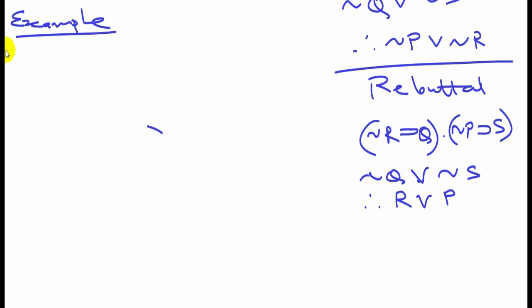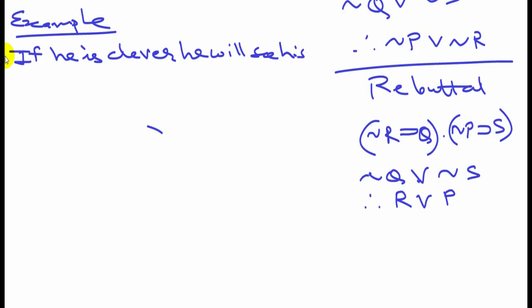If he is clever, he will see his mistake. And if he is honest, he will acknowledge it.